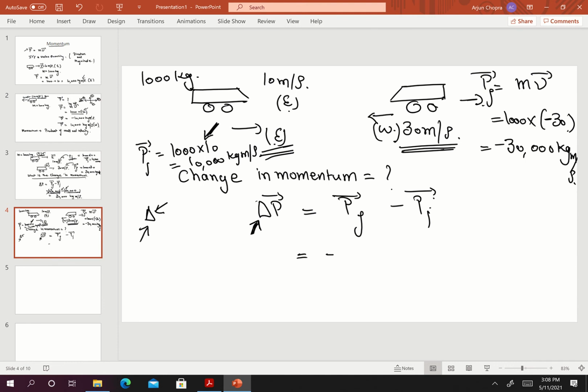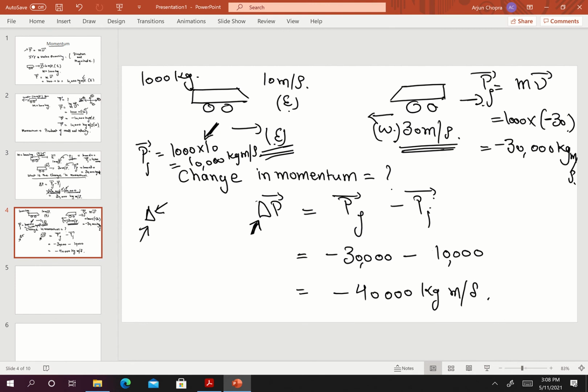So P final is negative 30,000 minus 10,000, and that will be equal to negative 40,000 kg meters per second.